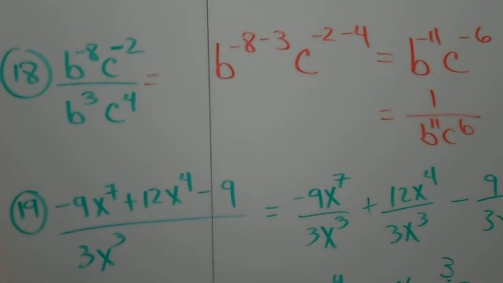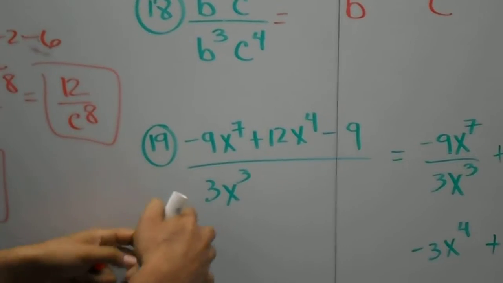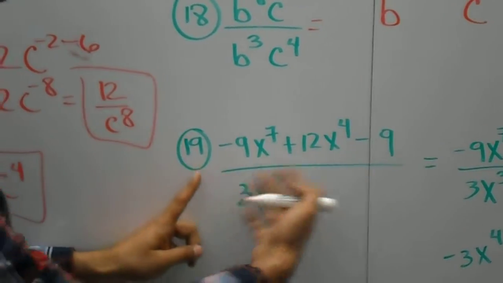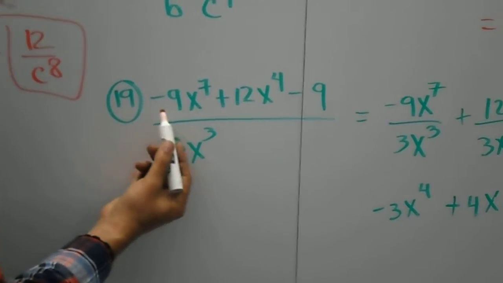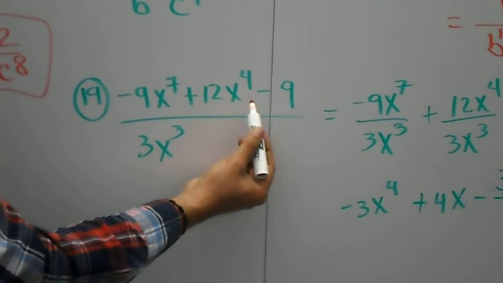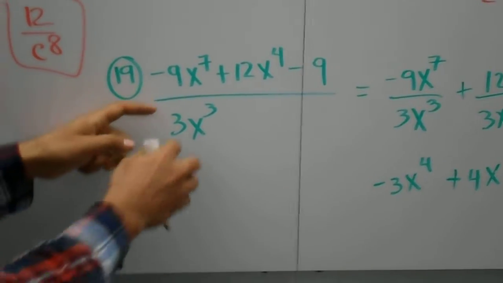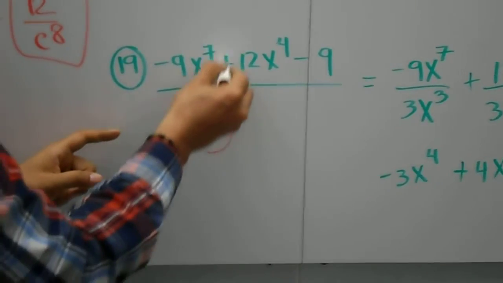As you get more experience, in the next video I'm going to show how to continue to divide exponents. So an applicable thing would be something like this. When they give you negative 9x to the 7th plus 12x to the 4th minus 9, you divide it by 3x cubed. Notice what I did.